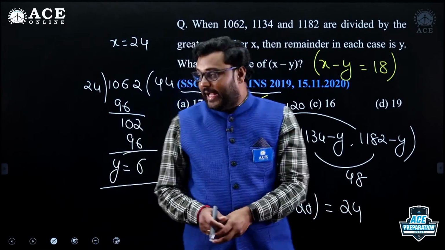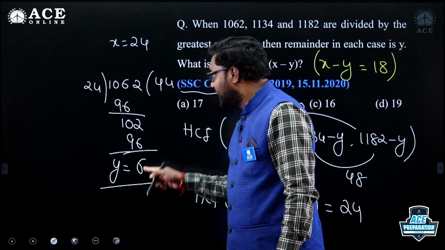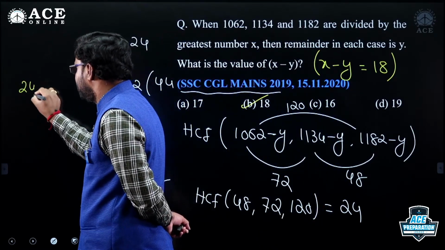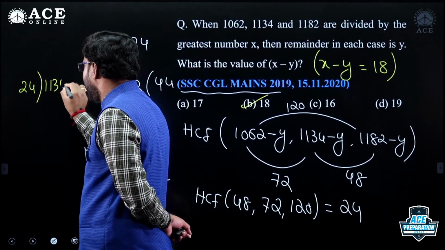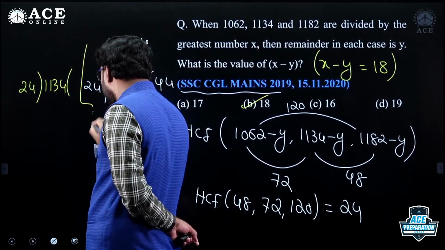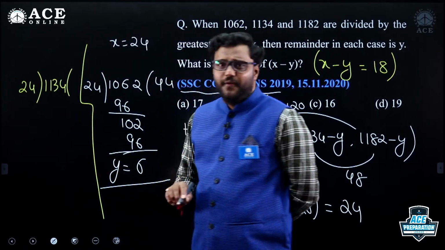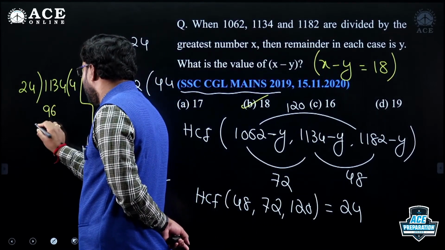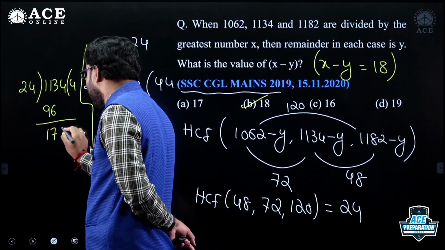Then I am dividing 1062 by 24, 6 remainder. Then take 1134 and divide with 24, my dear friends. You check here: 24 4 times 96, we got 174.